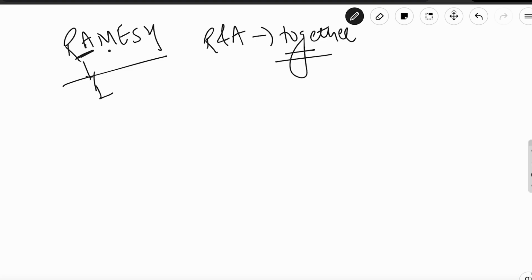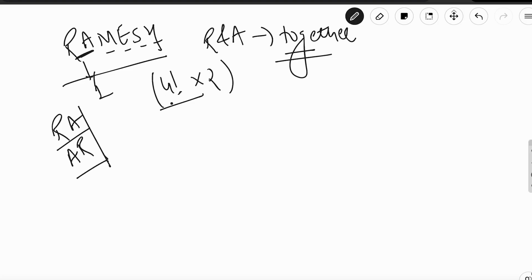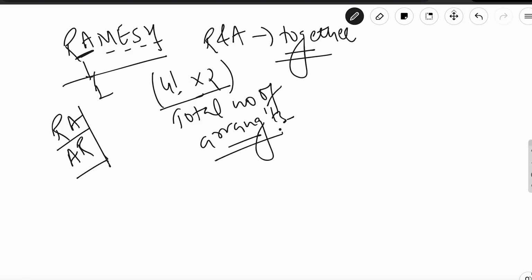So the remaining 4 letters could be arranged in 4 factorial ways. Now amongst RA, it could be RA or AR. It is not saying that the order is fixed. It's saying that R and A are together, so they can be together in 2 ways. So 4 factorial into 2 is the total number of arrangements which are possible.